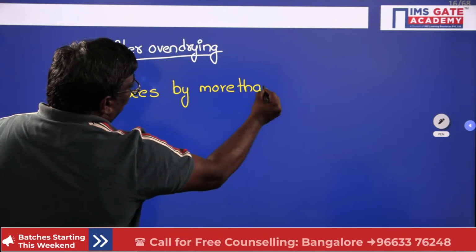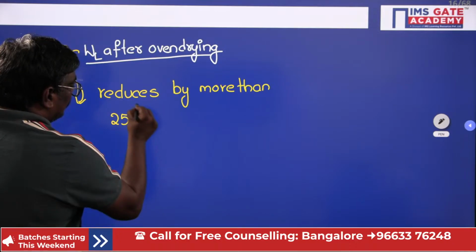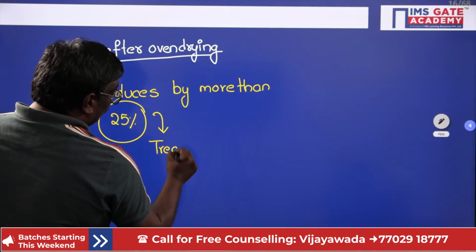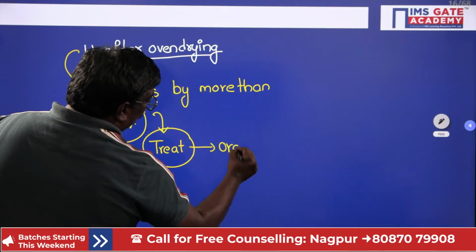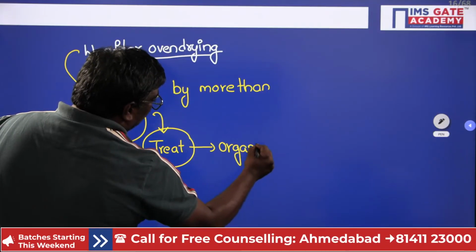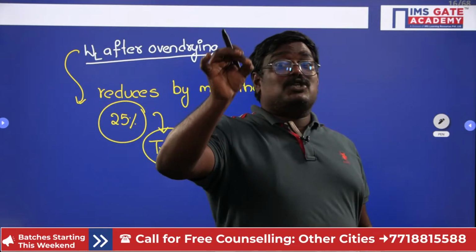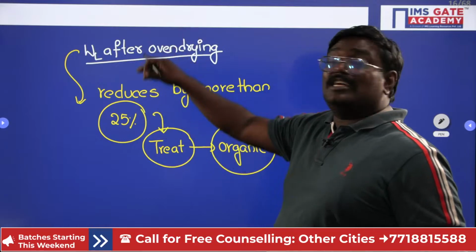The liquid limit reduces by more than 25 percentile, then we treat that soil as organic soil. So if the liquid limit reduces by more than 25 percentile, then we treat that soil as what?